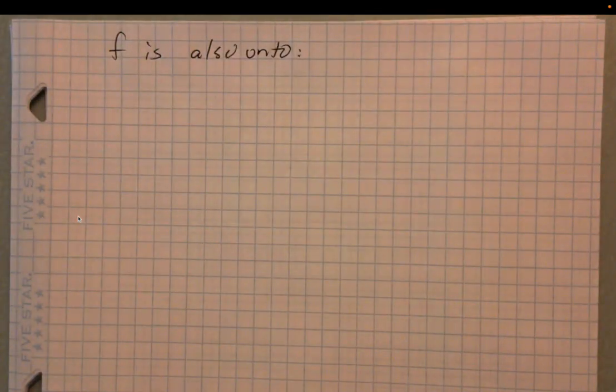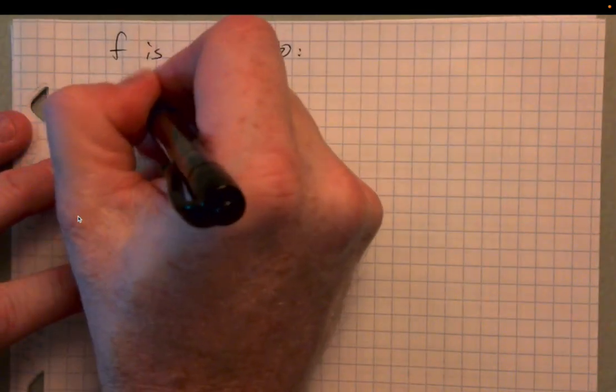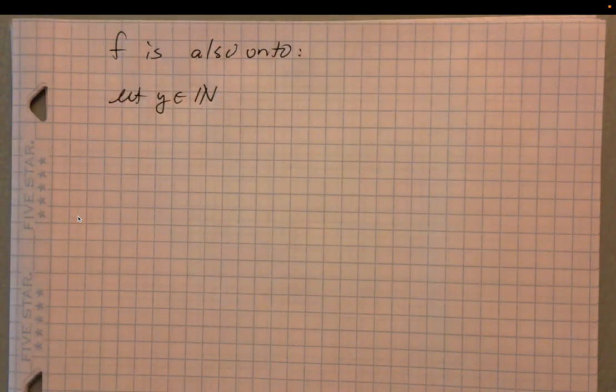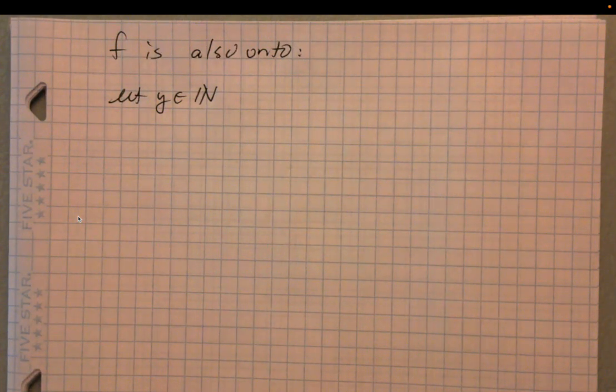Right, how do we show that? Well, we're going to let y be a natural number, and notice that every natural number can be expressed as a product of a power of 2 and an odd number.